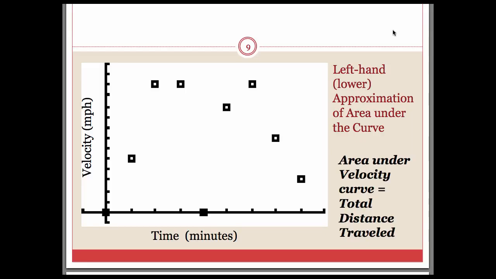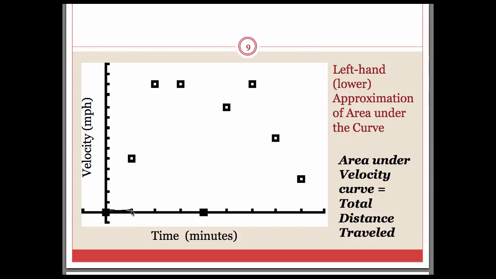So the first rectangle is going to go from 0 minutes to 5 minutes. That's really not going to have any height because if we need it to be a left endpoint approximation and it needs to hit that first point, well, it really has a height of 0. So that's your first rectangle. Your second rectangle then is going to go from 5 minutes to 10 minutes.